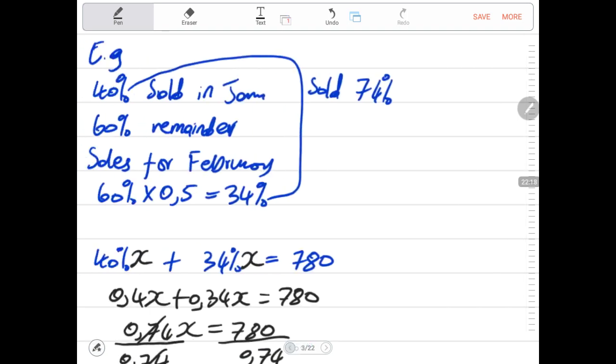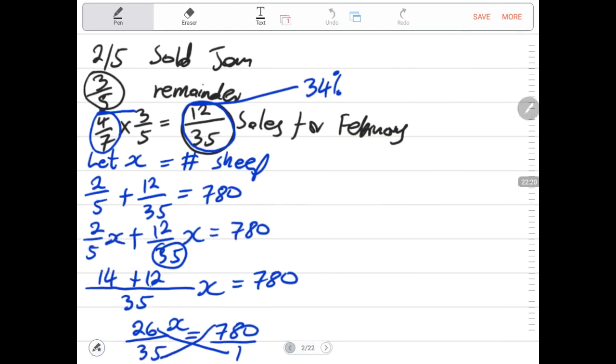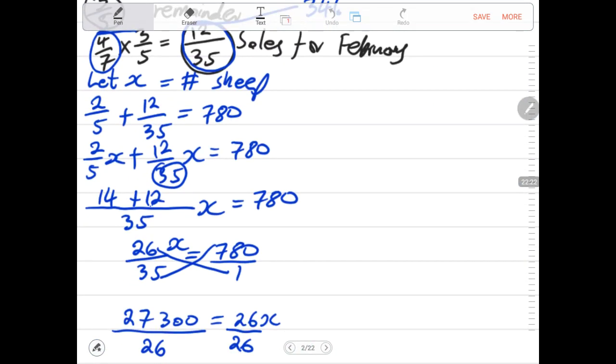Even in the first scenario, we could have done that if we wanted, where we first calculate the total sales altogether, because total sales for all these sheep is 2/5 plus 12/35. At the end, it gives us 26/35. We could have done that in the beginning.